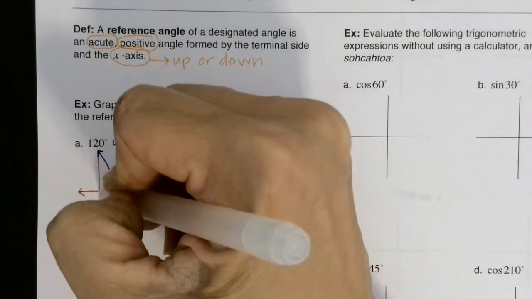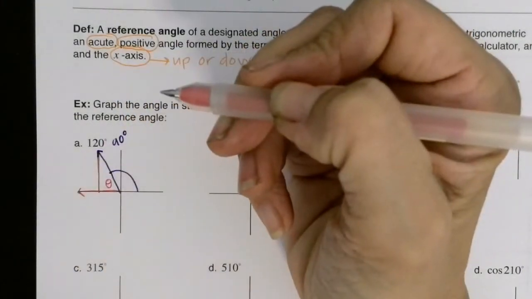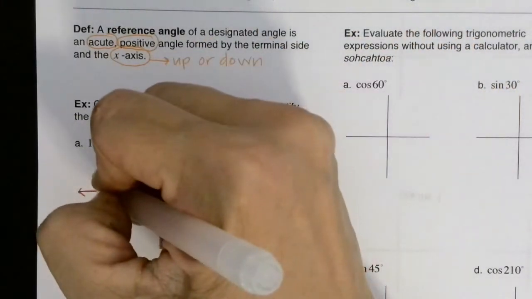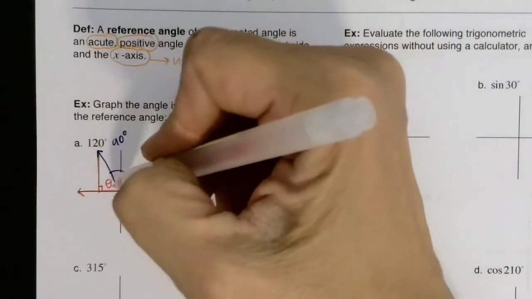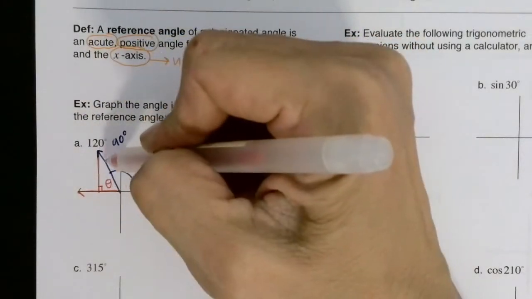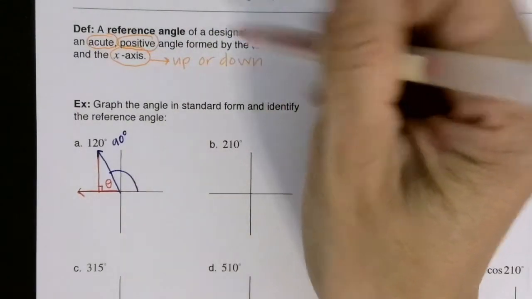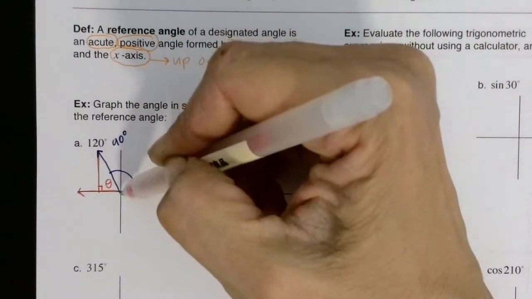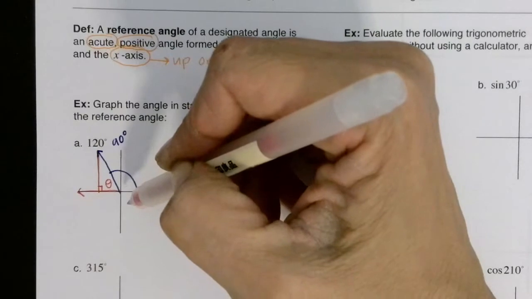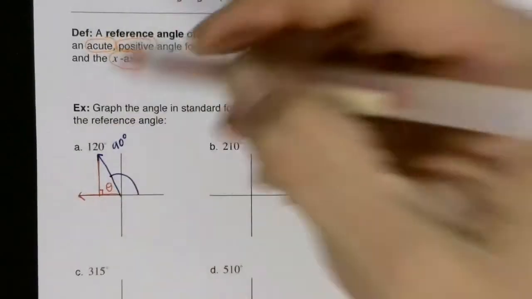When I say you're going to go up or down, we are always going to be drawing a triangle in a future lesson. So I want to know this part of the triangle. It's my angle and the x-axis. That's right up there, the terminal side, which is the blue, and the x-axis, which is the red. But I want to know what that angle is.